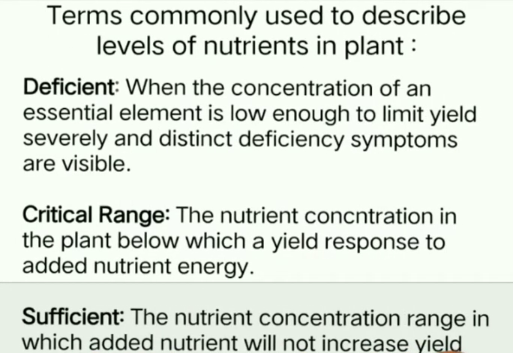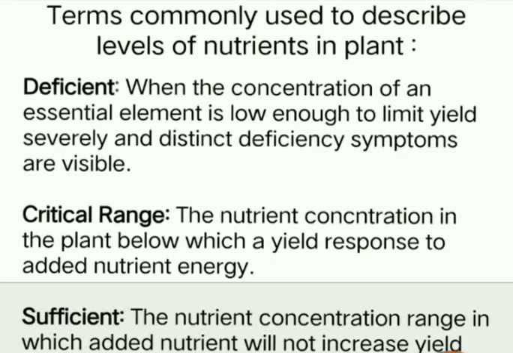Some terminology is there, like deficient. What is deficient? When the concentration of an essential element is low enough to limit yield severely and distinct deficiency symptoms are visible.